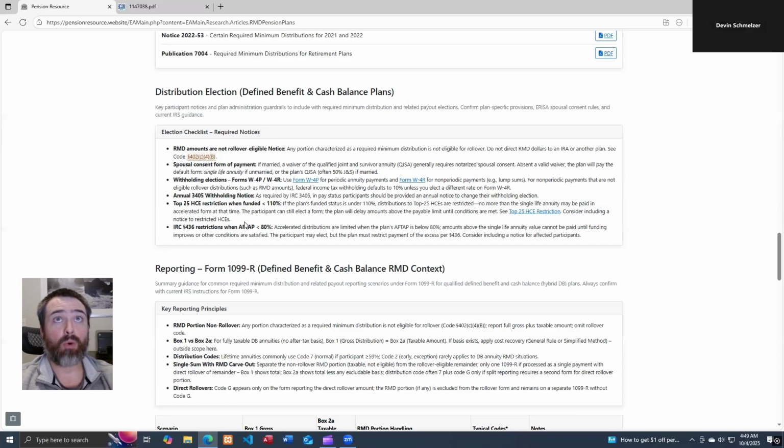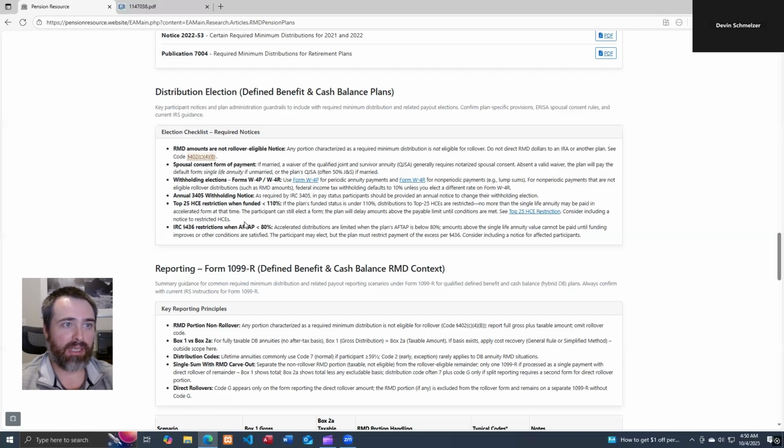And there were more legal fees in one of those court cases than there was actual money at issue in the amount being paid out. If a notice was provided up front explaining that yes, you can still elect a lump sum amount, but we can't pay it until the restrictions have lifted, we can pay you X amount, the single life annuity per month annually, that would have helped mitigate those chances for lawsuits.